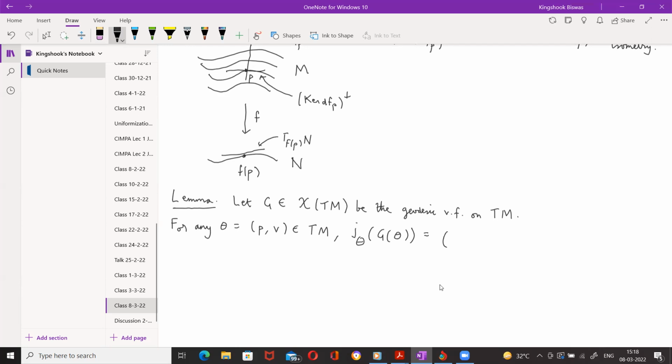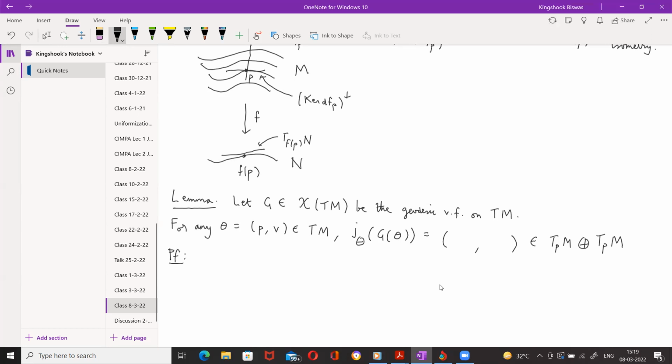Any guess what this will be? Well, let's do the calculation and then you'll see.